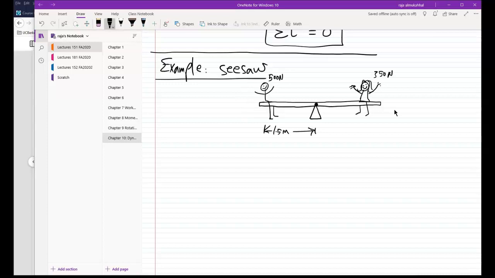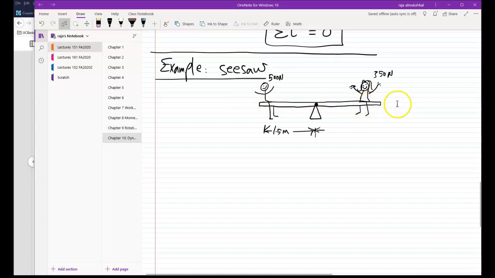All right, now since the sister is lighter than her brother, we're going to ask the question: how far should the sister sit on the seesaw in order to balance exactly with her brother? If she sits right here, she's not going to balance very well, and her brother is going to outweigh her.